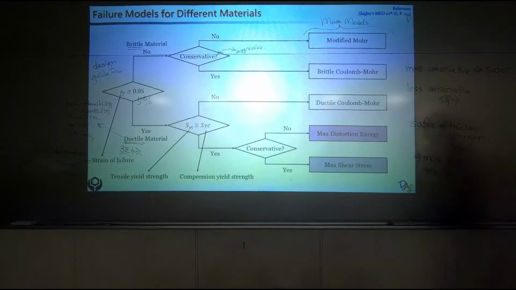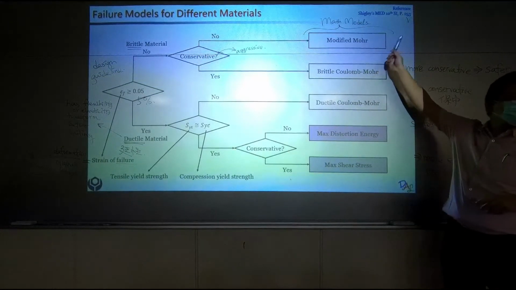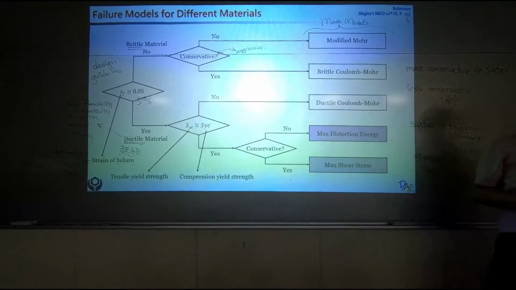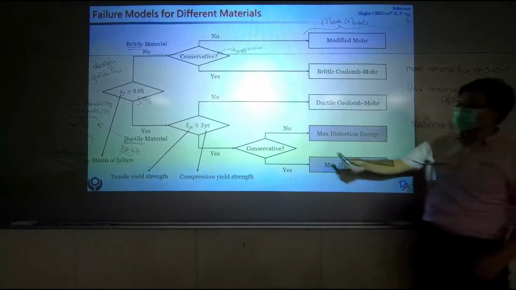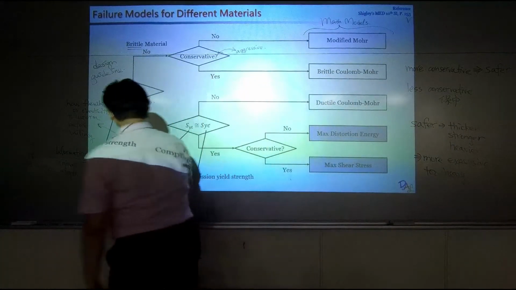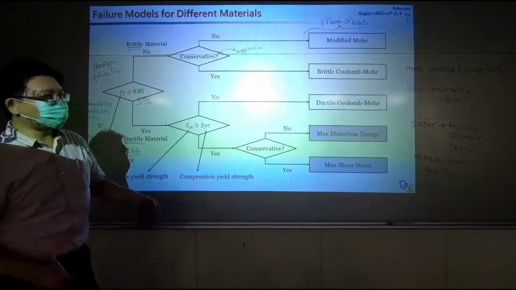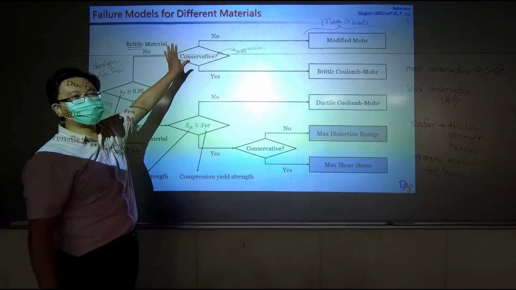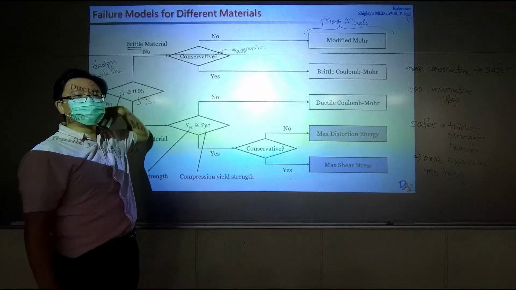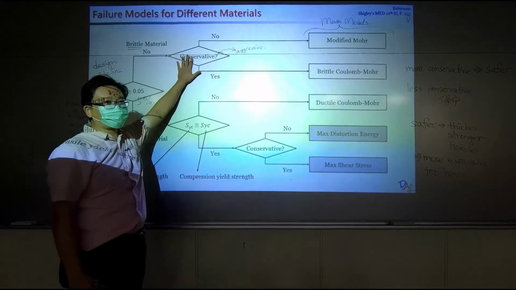They can be found in our textbook. I put a reference over there. If you want to read more, you can check our textbook. But for us, we are designing metal. Metal is a ductile material, so I want to focus on the bottom part. The upper part, I don't care. I'm not going to spend time on it.